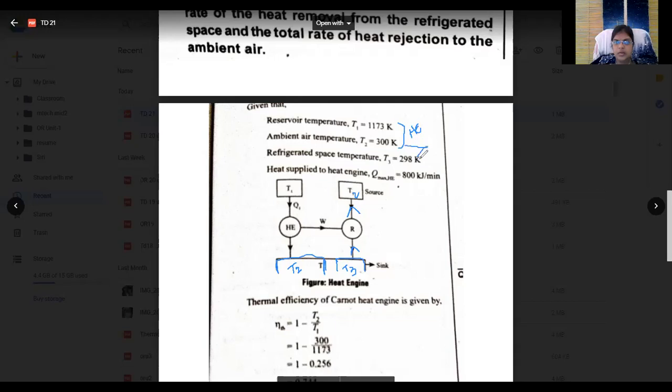And taking these two temperatures, we get refrigeration. So 1173 and 300 for the heat engine, and 300 and 298 for refrigeration. So T1, T2, and T3 to T2.